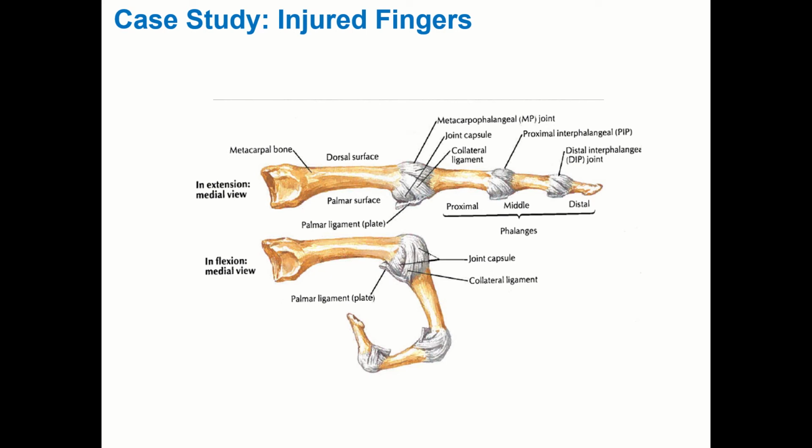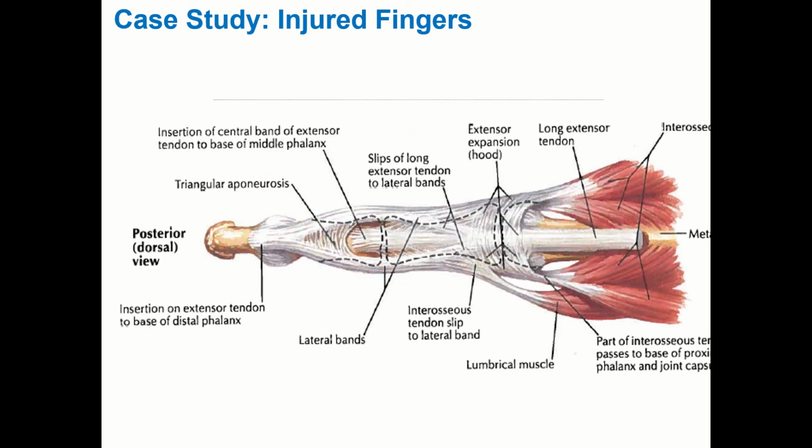So what happened in this particular case was as the ball hit the end of her finger, it's going to force the distal phalanx against the middle, and then again middle against the proximal. Those bones are going to shift around some, and you're probably going to sprain those ligaments. But in addition to that, she actually had an injury to the tendon of extensor digitorum. I mentioned a second ago the concept of that dorsal expansion.